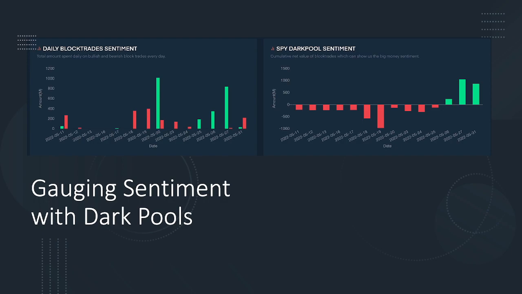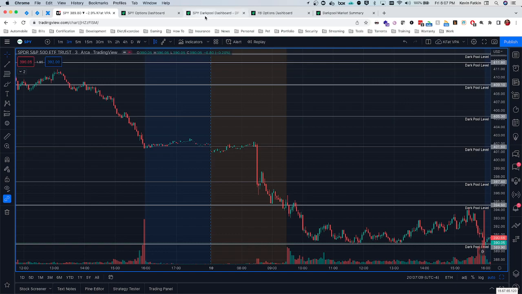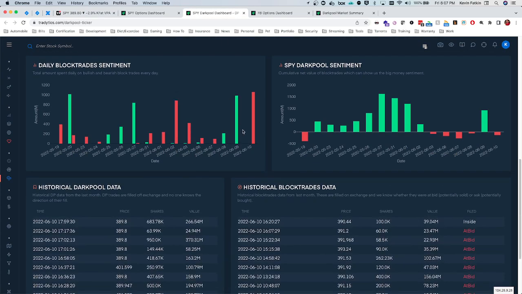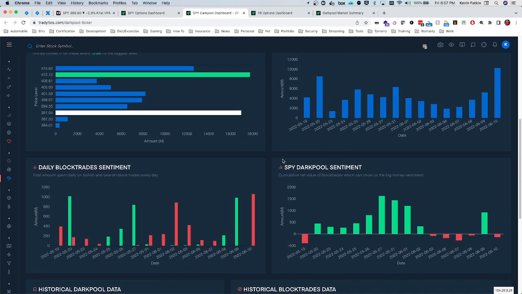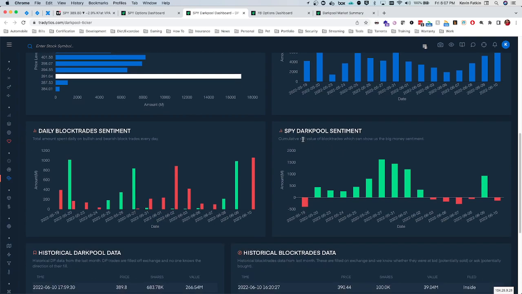And when you're looking at the dark pool dashboard, you can actually get an idea if big money is feeling bullish or bearish towards the particular ticker that you're assessing. And this is also really interesting. As many of you know, we hit what I believe to be a temporary bottom. Who knows?